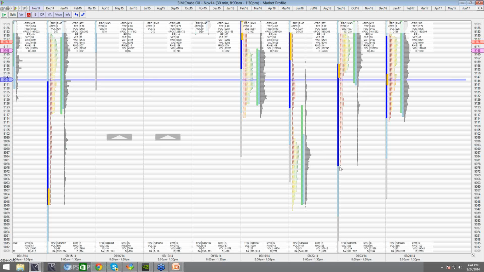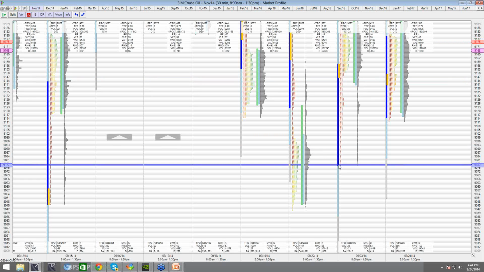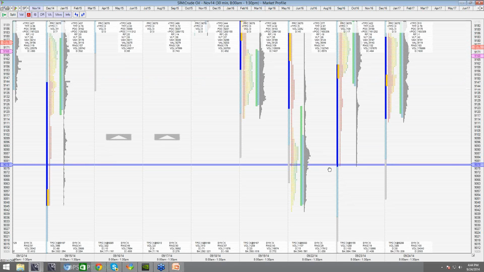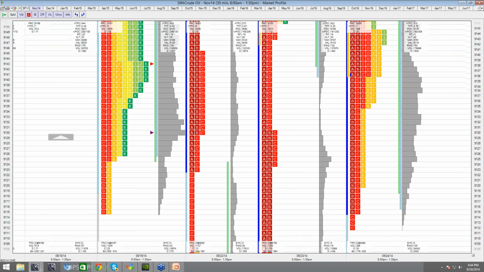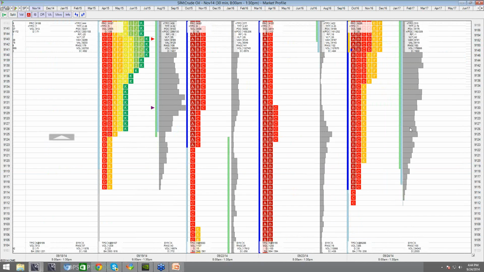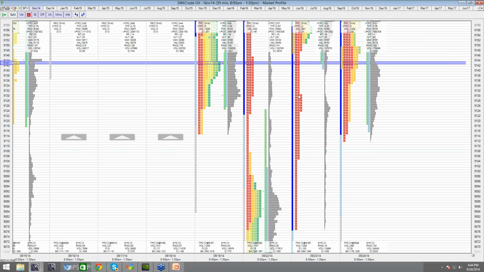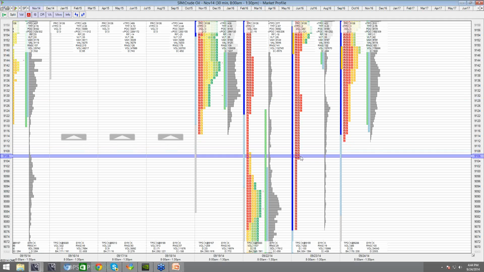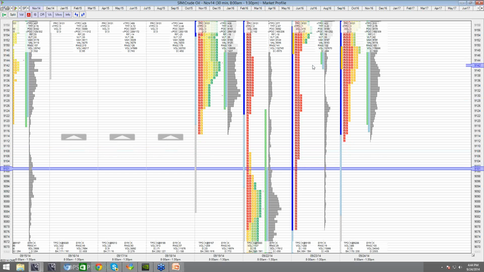We don't know this is going to be the extreme. We have no idea. Okay, so as this day goes on, now we're looking at, this is the low, this is the high, B period. Okay, put in that low and returns to the A period. Now we're looking at value somewhere around here.